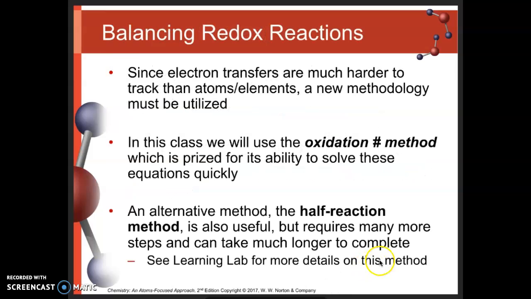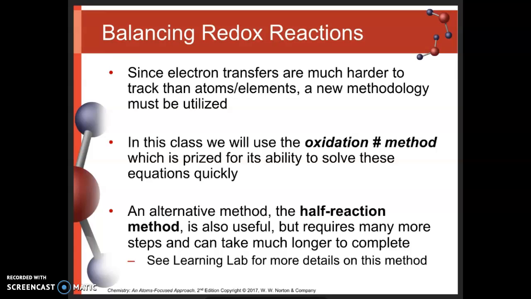The next step out of this is to start looking at balancing redox reactions. Now, balancing redox reactions are difficult tasks. This is probably going to be one of the hardest things I ask you to do in all of this course. Because not only do you have to account for elemental, atomic kinds of balancing, you also have to account for all of these electrons.